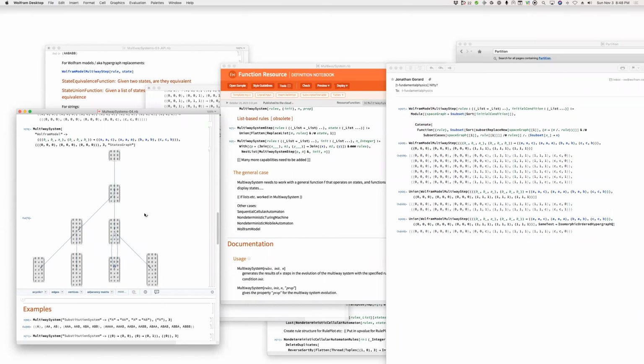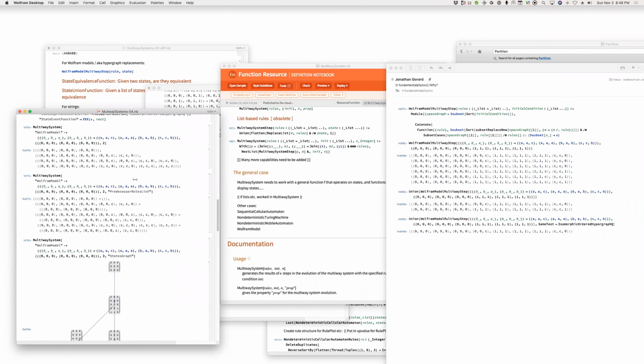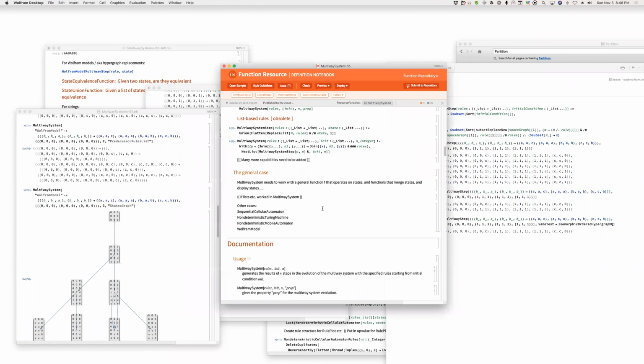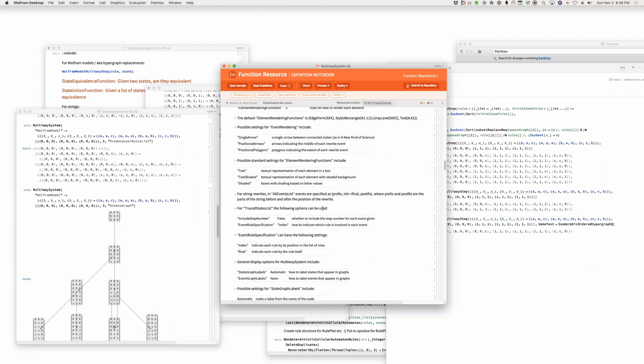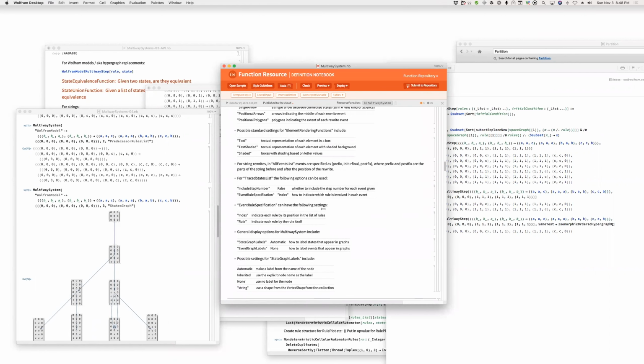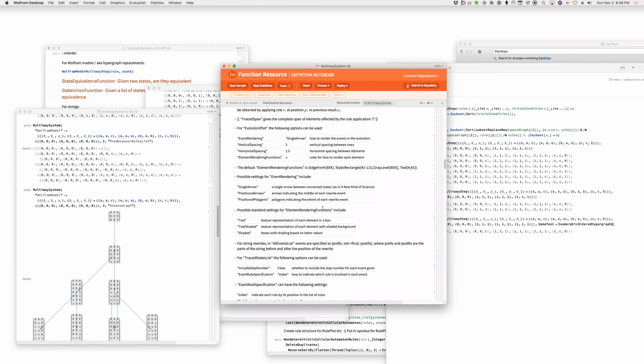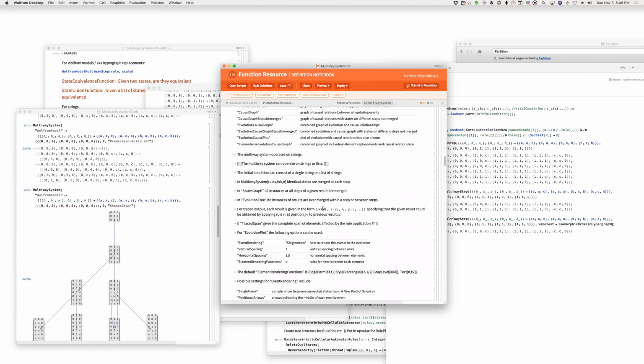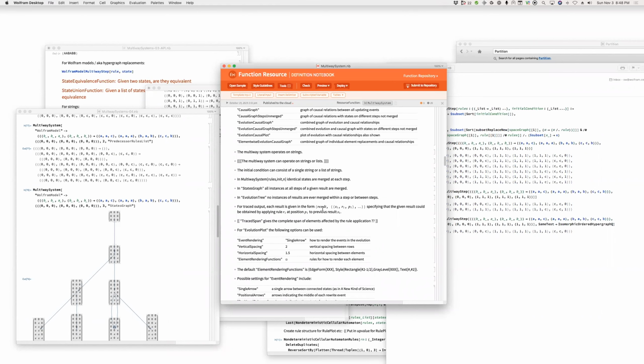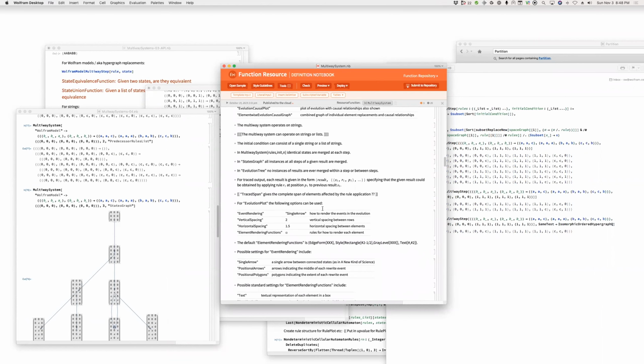So this is, let me just look at how this works. This is element rendering functions.